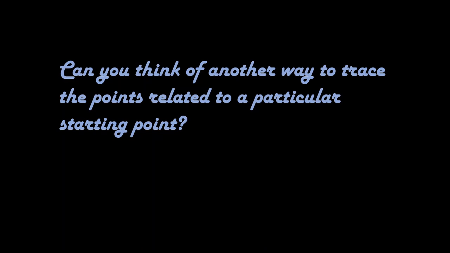So a hint could be that in the graph algorithm which we discussed in this video, we basically chose to go deeper into a particular branch. We chose one branch at a time, and this is a strong hint if you want to discover the other kind of algorithm which is present. So this is a kind of challenge: can you think of another way to trace the points related to a particular starting point in a graph?